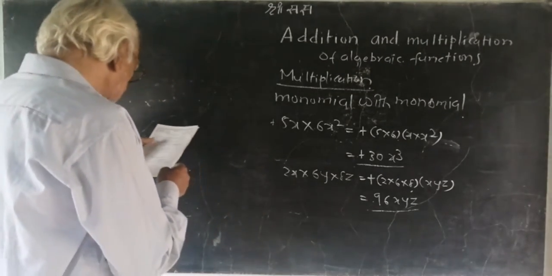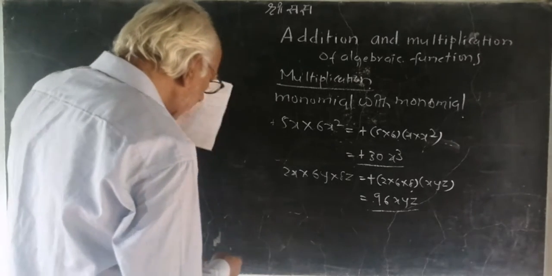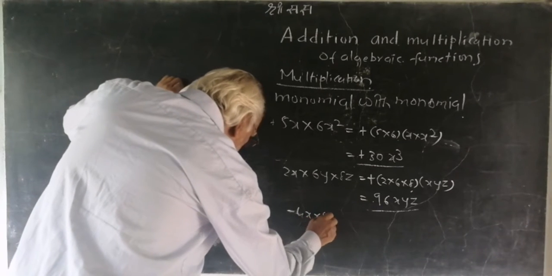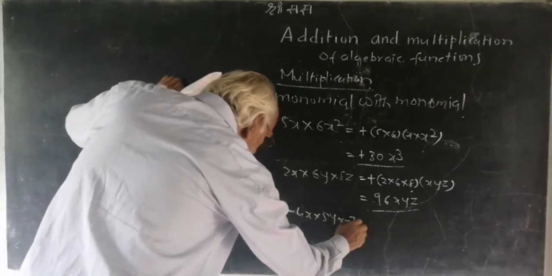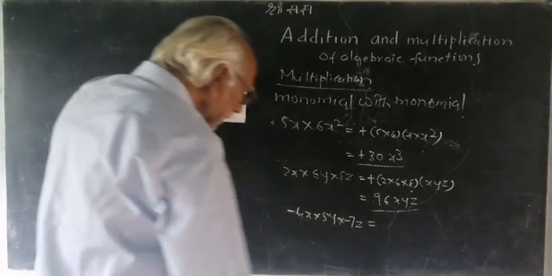Then we can move to one more sum. Minus 4x into 5y into minus 7z. So here how will we be writing it?